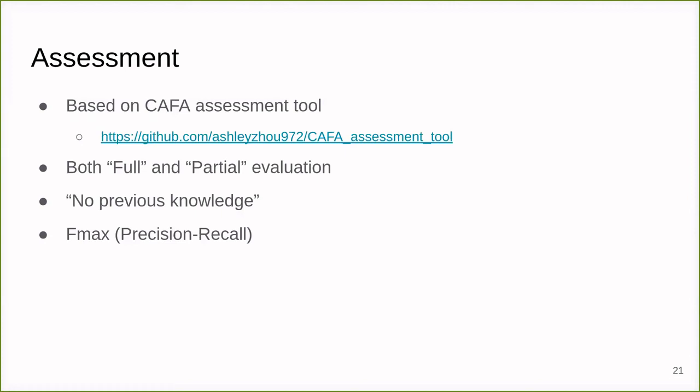We consider both the full and partial evaluation, where the partial means the recall is normalized over the predicted terms and not over the entire data set. And as I said before, we only evaluate the no knowledge mode, as all the targets are new targets. And we provide precision recall curves.